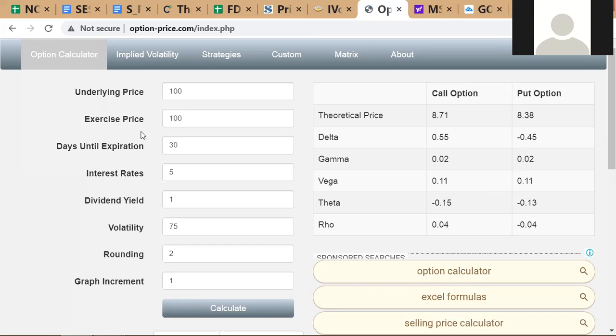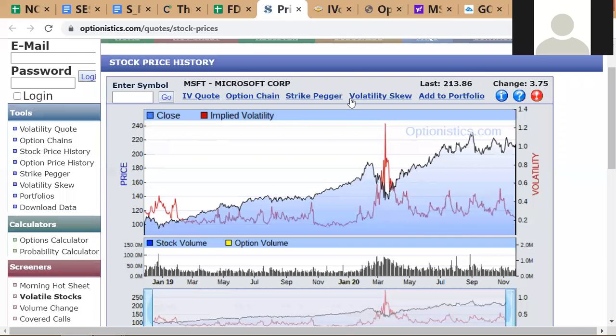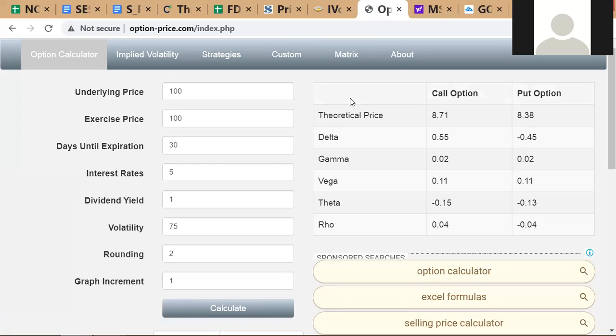So here we can see that, here's the price. Now 871, you notice this price, okay? We'll just look at the calls. Oh, we have to look at both actually. So we can make a note of these, 871 and 838, so roughly about 8.4, 8.7. Okay. Now look at it here.